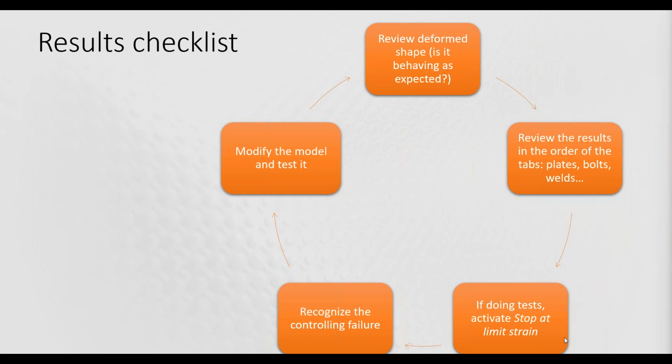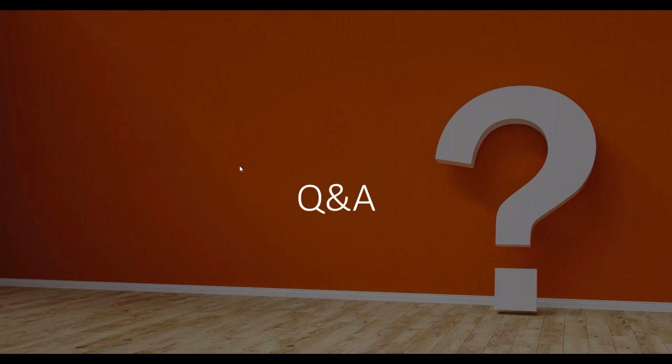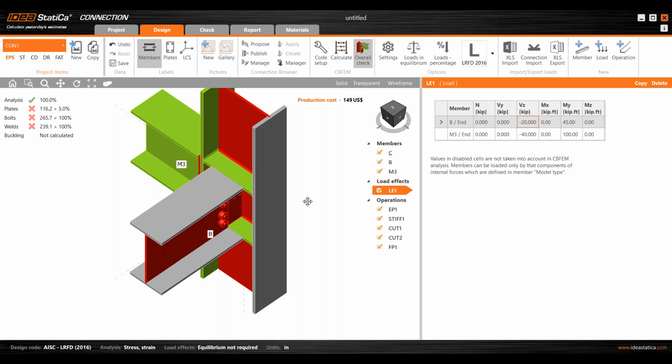Then once you're okay with that, I recommend to recognize the controlling failure, and from there modify the model and test it again, right? So it is like a circular process. So let's see if that already ends. Yeah. So here, let's see what is going on.